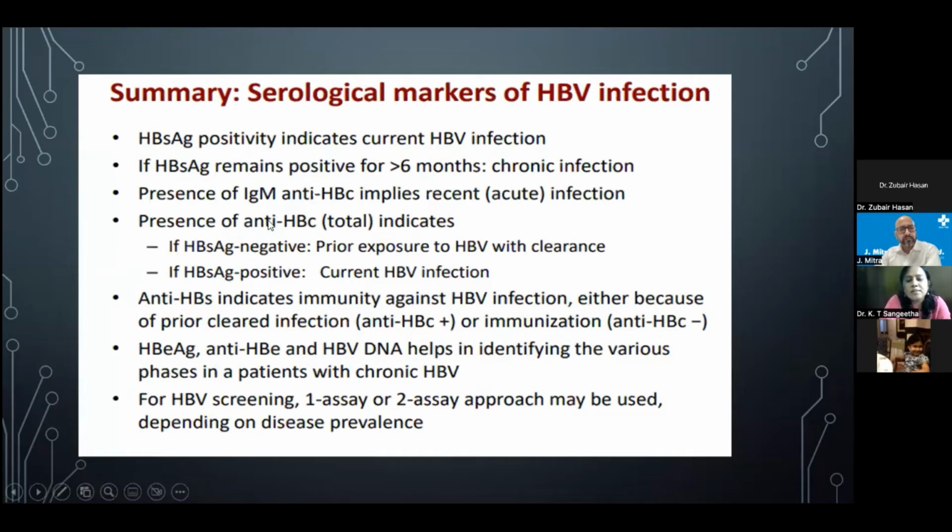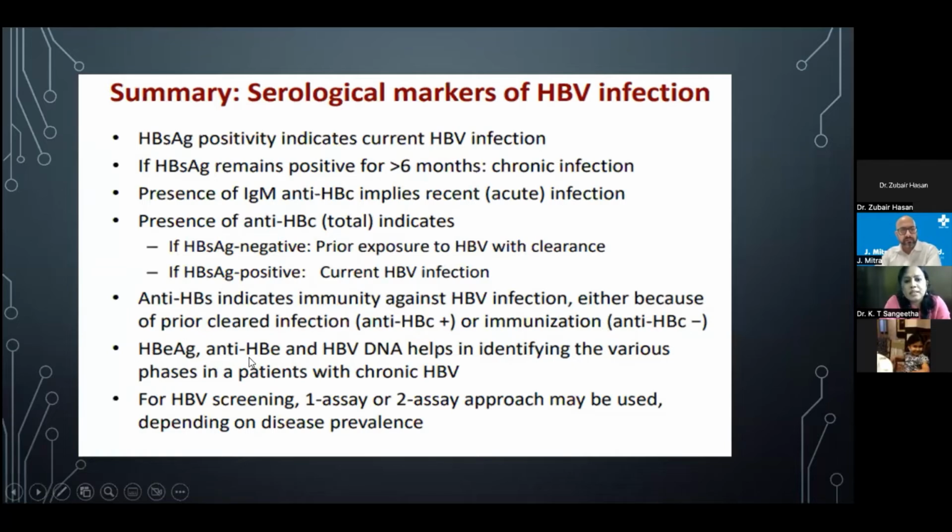If it is present along with anti-HBs, it means that the patient is cured of infection. Anti-HBs indicates immunity against HBV infection, either because of prior cleared infection, if present along with anti-HBc, or because of immunization, if you have only anti-HBs and no anti-HBc.